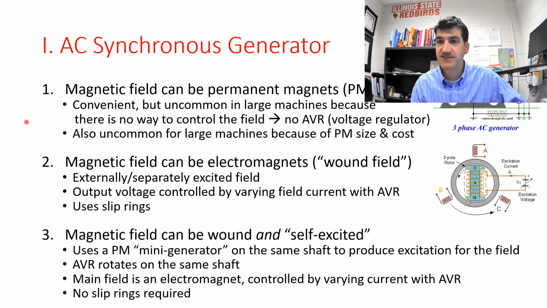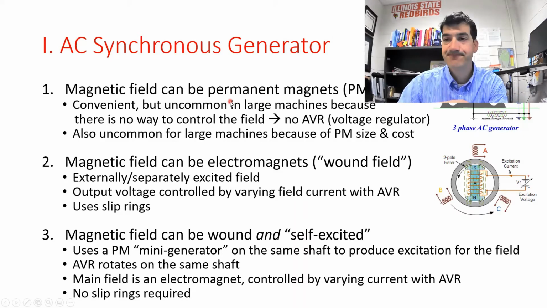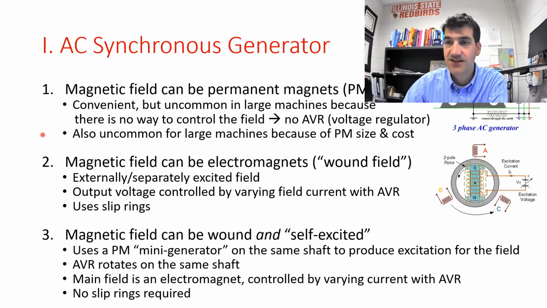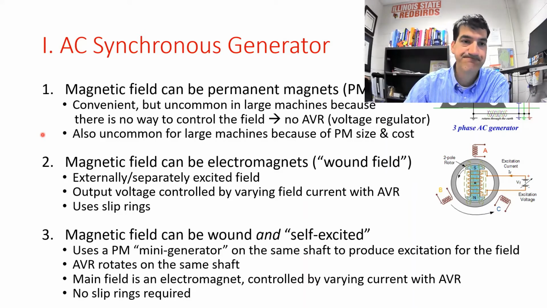So for utility scale machines, we don't usually use a synchronous generator with permanent magnets. You can use permanent magnets in an asynchronous machine, but we'll talk about that later on in this slide presentation.